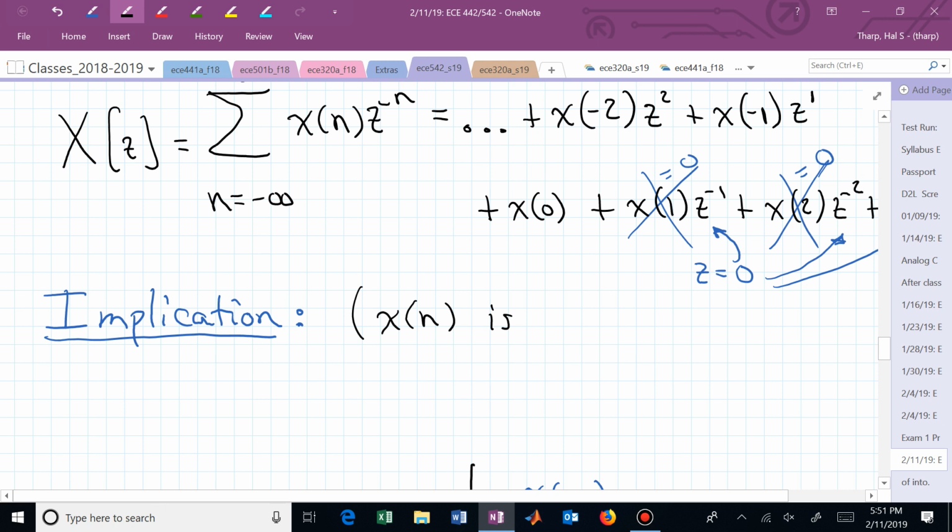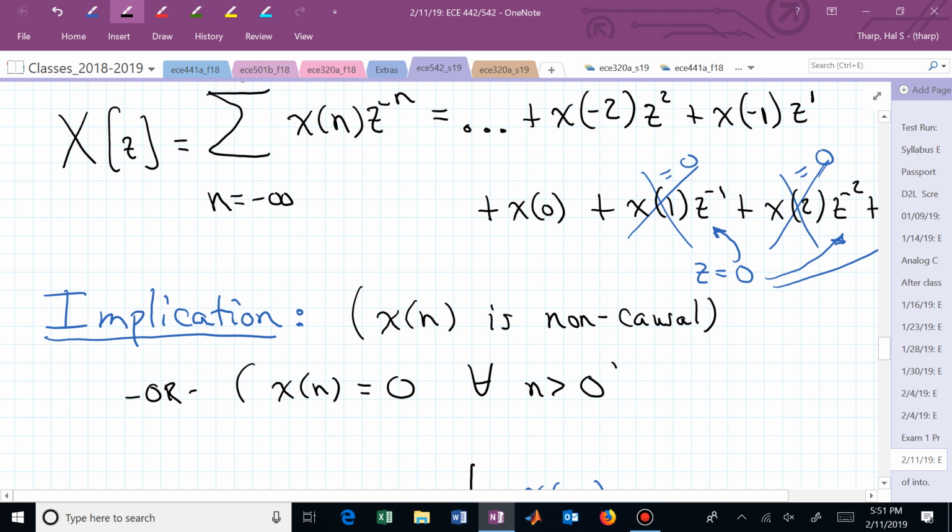So we'll call that non-causal. Or we could say that x of n must equal 0 for all n that are positive. That's the implication of pattern number 2.